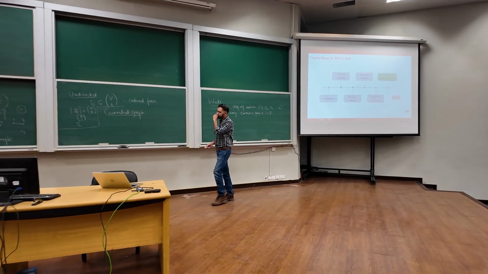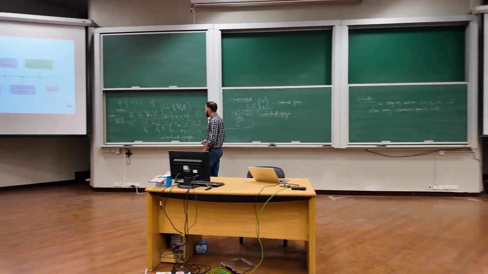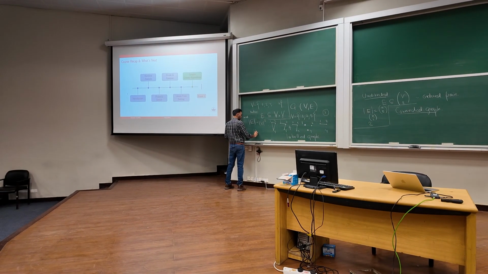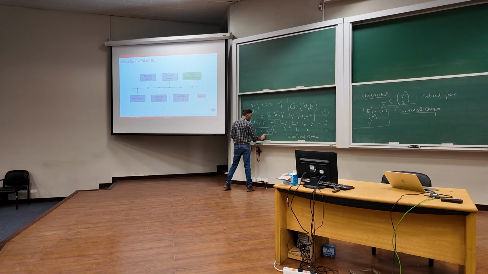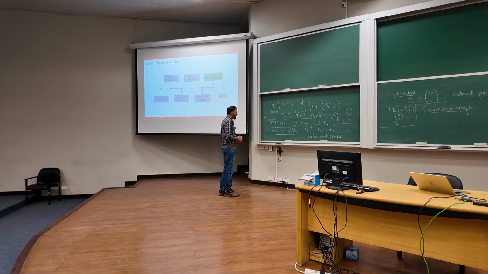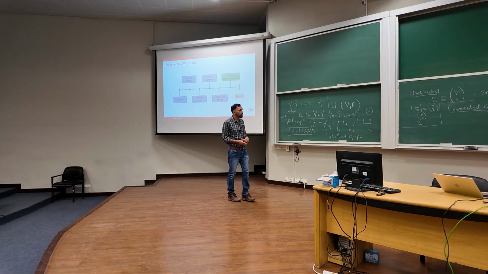So that's a walk. For example, if this is my graph, here is a walk: 1, 2, 1, 2. You can create infinitely many walks.